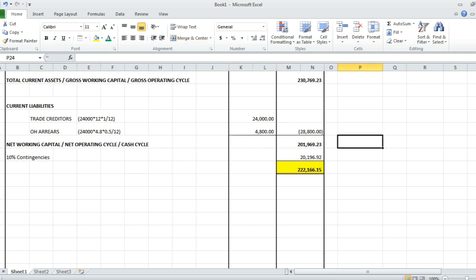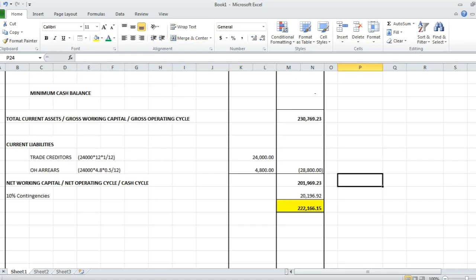Total current liability value. So we can find the net working capital value: current assets minus current liabilities, or net working capital, or net operating cycle, or cash cycle. So value is 201,969 rupees 23 cents.